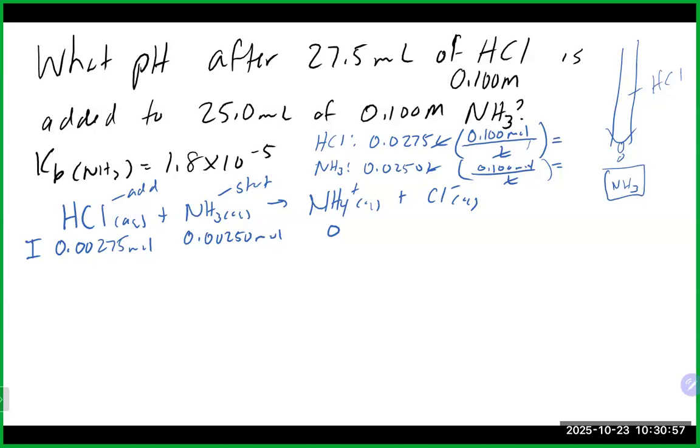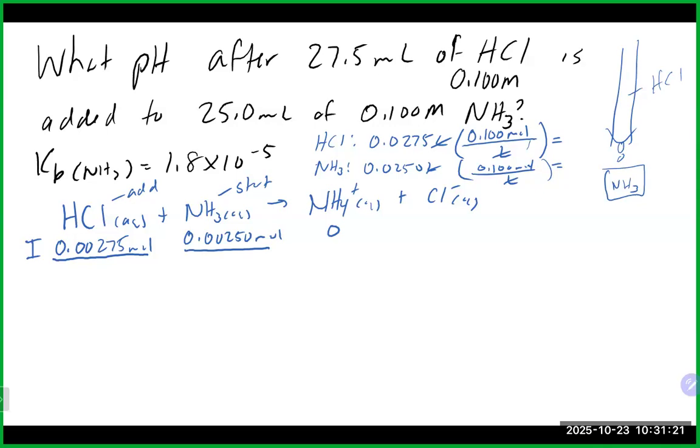As we talked about last time, sometimes it's a good idea to know where I'm at in my titration. Am I before the equivalence point? At the equivalence point? Beyond the equivalence point? I am after the equivalence point, because I have more moles of what I'm adding than moles of what I started with.